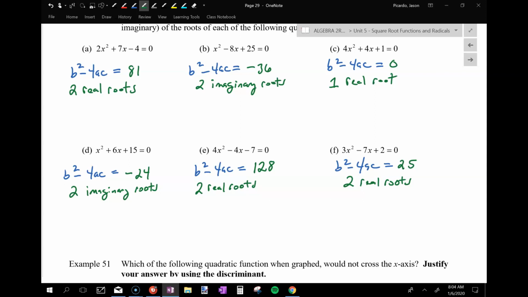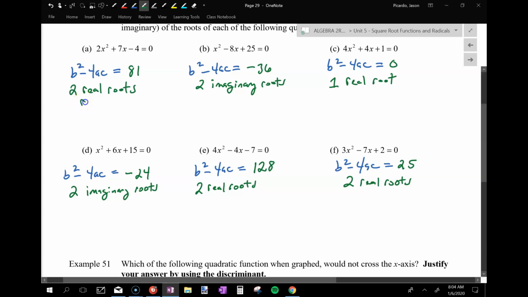Now, I still haven't fully described the nature of the roots, because now I have to say whether or not the roots are rational or irrational. And a number that is what gives me a rational root? Perfect square. So 81, is 81 perfect? So these are rational. 2 real roots that are rational.